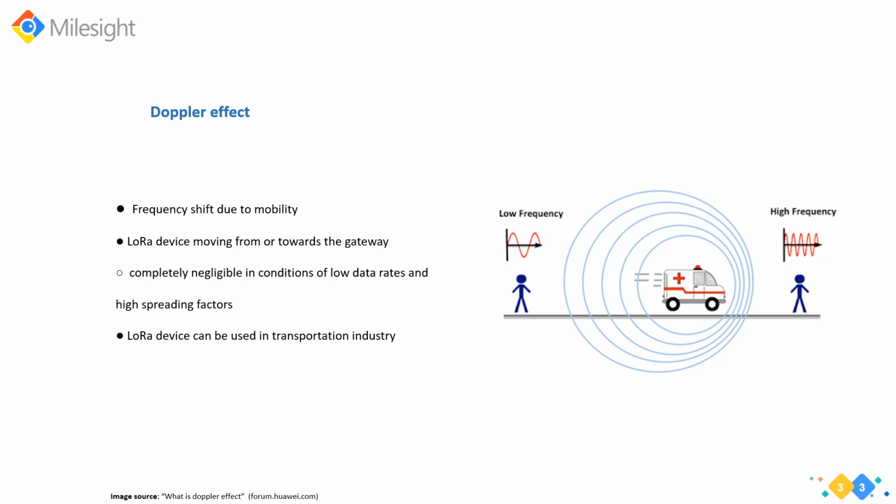And LoRa has proven to be super robust against this Doppler effect. That means you can also install LoRa devices on moving objects, such as cars, buses, trains, for asset tracking or cold chain monitoring. For those kinds of applications we can still make use of LoRaWAN based devices on moving objects.